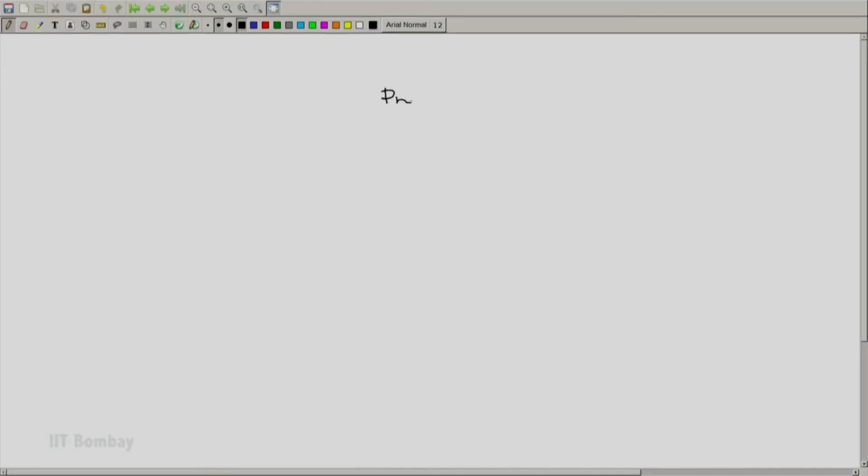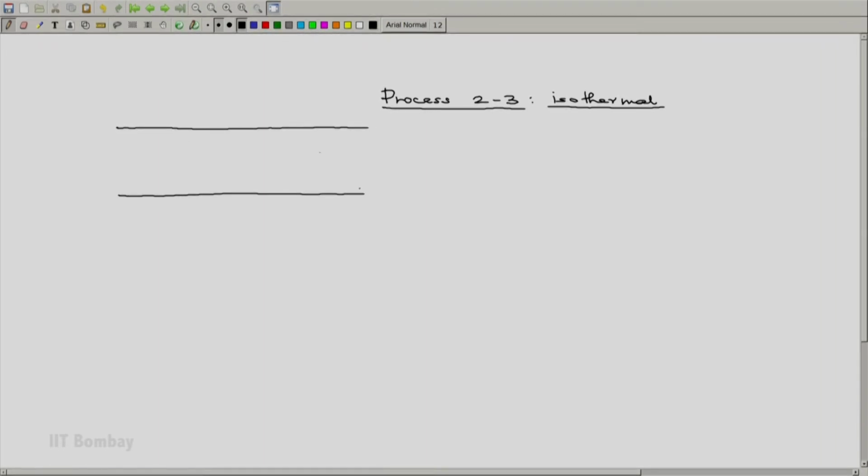Now let us look at the second process, process 2-3. This is an isothermal process in which heat will be rejected by the system. So let us again sketch the cylinder piston diagram, and now our piston is at the initial volume for this process, V2.